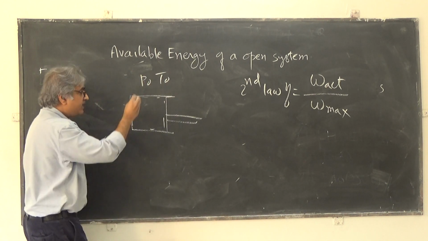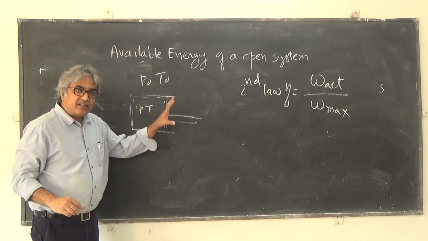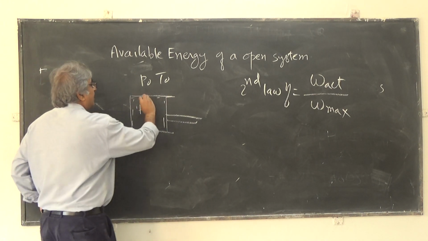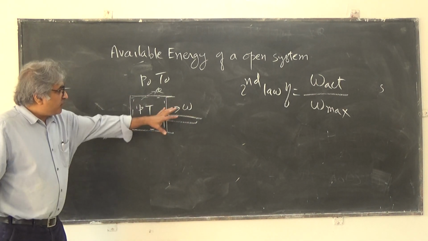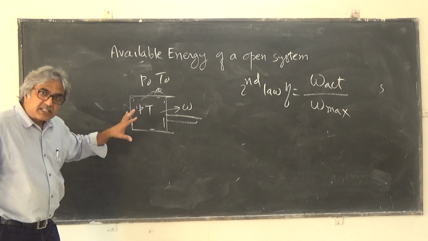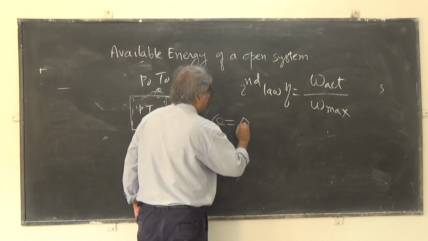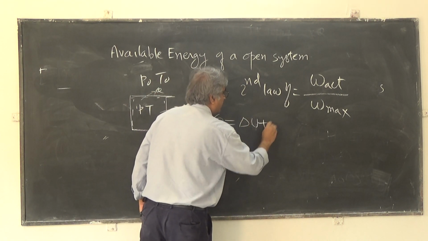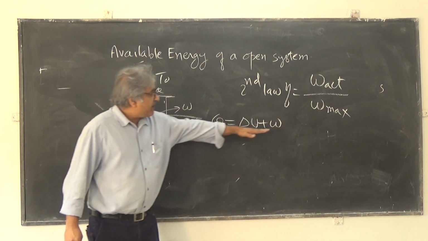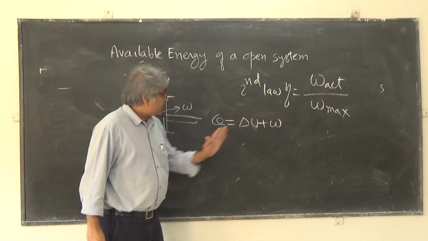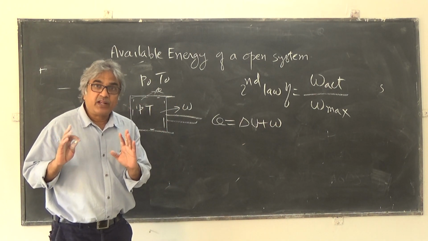P naught is the surroundings, and this is P and T. There is of course heat flow and you get work. Suppose you want to find the work and you apply just the first law of thermodynamics. You will write Q is equal to delta U plus W, and you put the appropriate signs and find out this W. So how much is the work output? This will be your actual work.